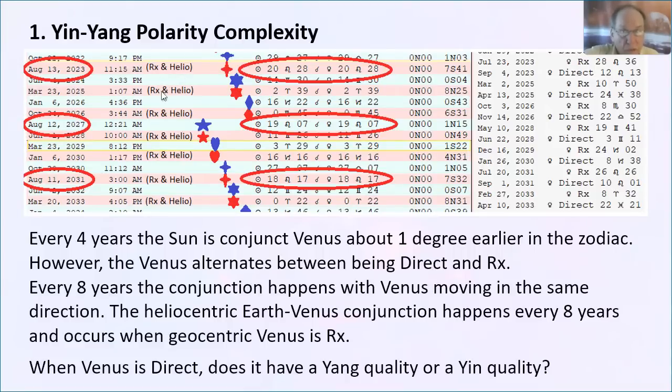And then the next Sun-Venus conjunction is again retrograde. So it alternates between retrograde and direct. Now, I referred to the Sun-Venus conjunctions, the ones with the light blue or greenish background here, as yang because Venus is direct.